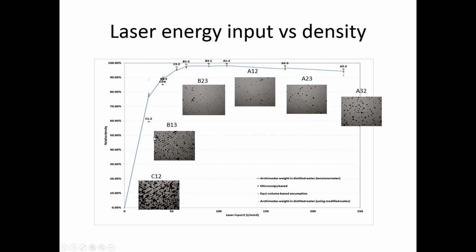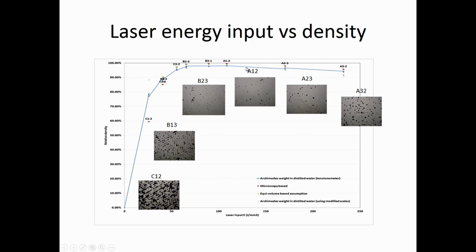But generally, you can see that as we increased the laser energy input here, we went from having a high-level porosity to a peak here where you're about 1 or 2% porosity.